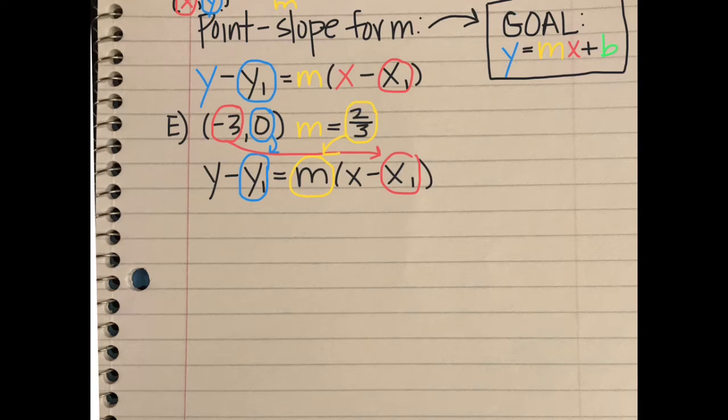So when I rewrite again, what I'm going to end up doing is replacing y sub 1 with 0. I'm going to replace my m with 2/3. And I'm going to replace my x sub 1 with -3. Now, one thing we learned the first time we did this is that our minus that comes with our formula has to be there.